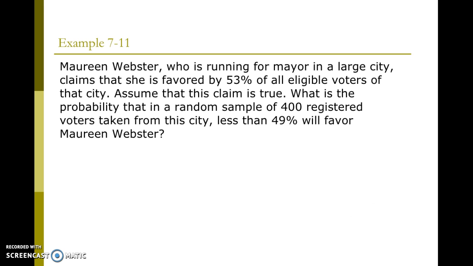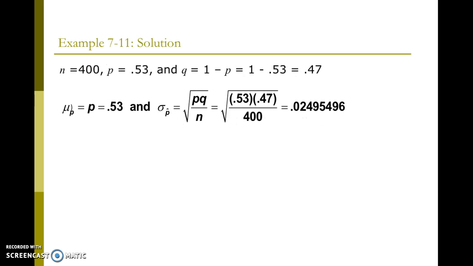The next example: Maureen Webster, who is running for mayor in a large city, claims that she is favored by 53% of all eligible voters of that city. Assume that this claim is true. What is the probability that in a random sample of 400 registered voters taken from the city, less than 49% will favor Maureen Webster?